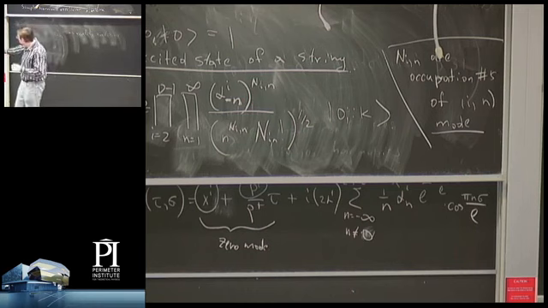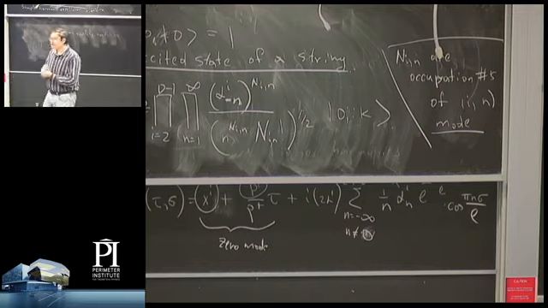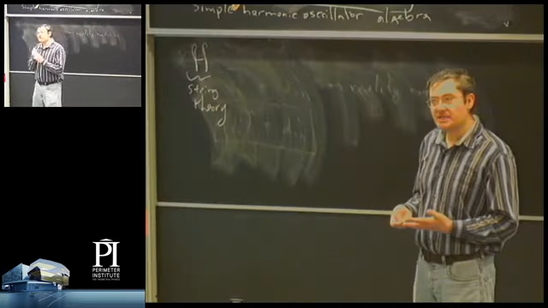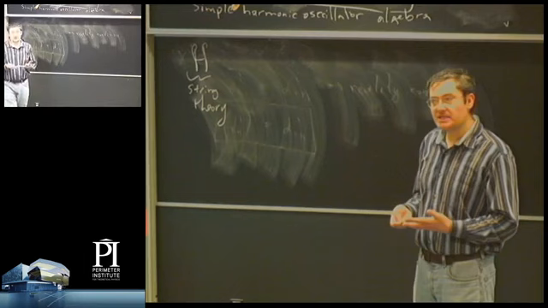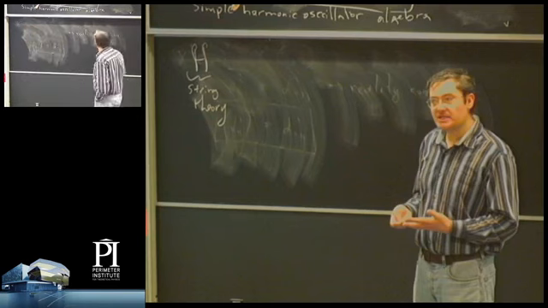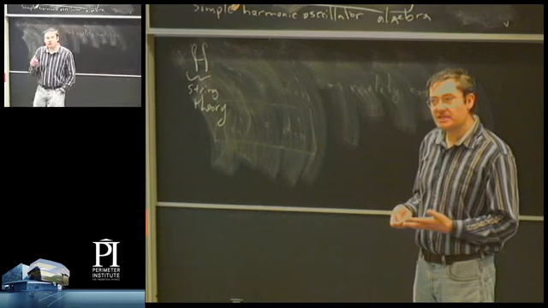There are those ripples, those waves that move along the string, and in principle they can interact. In our case they don't interact, because the theory of these ripples is just a set of simple harmonic oscillators. So when we constructed this Hilbert space, we constructed it for the internal excitations of a single string.